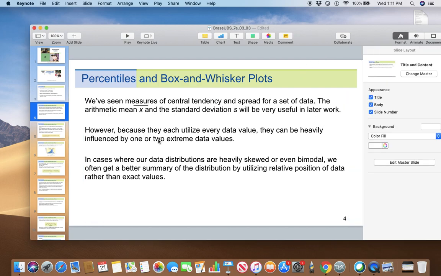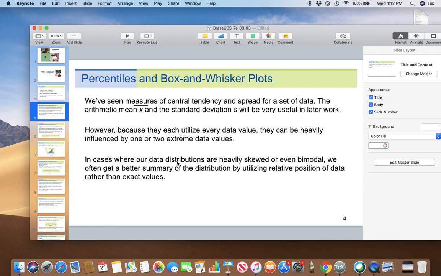However, because they each utilize every data value, they can be heavily influenced by one or two extreme data values. Both the mean and deviation can be influenced by one or two extreme data values.